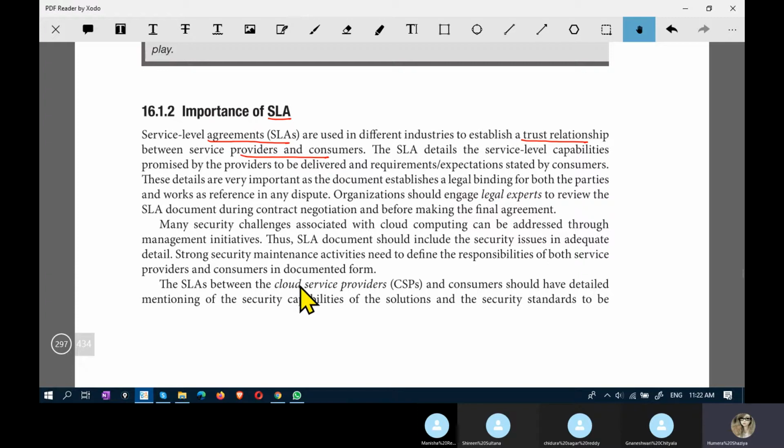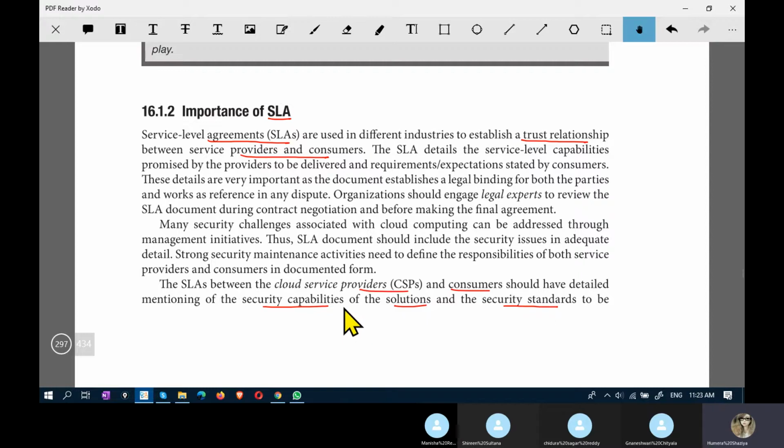SLAs between cloud service providers and consumers should have a detailed mentioning of the security capabilities of the solution and the security standards. Everything should be clearly stated in a detailed format. Later, if the provider denies or a consumer makes false allegations, both will not work out, because everything will be specified in a meticulous, organized and detailed manner.